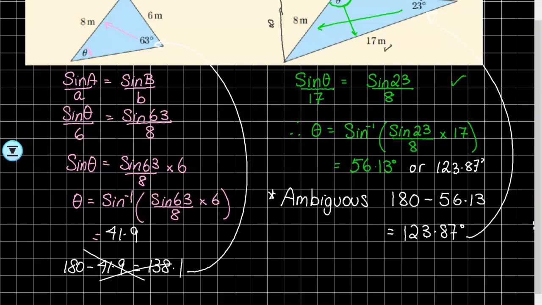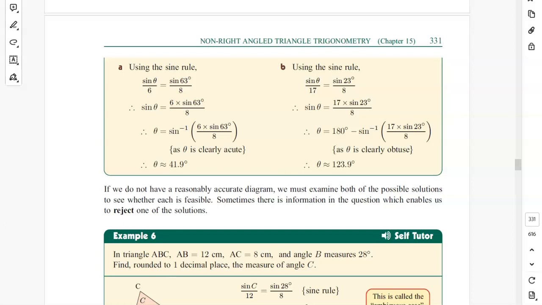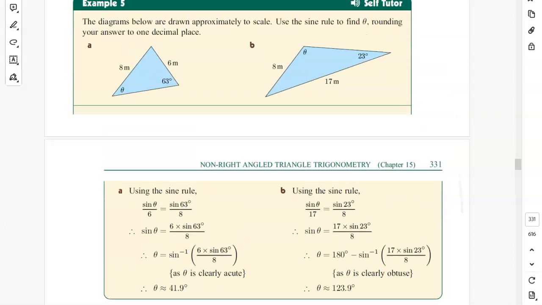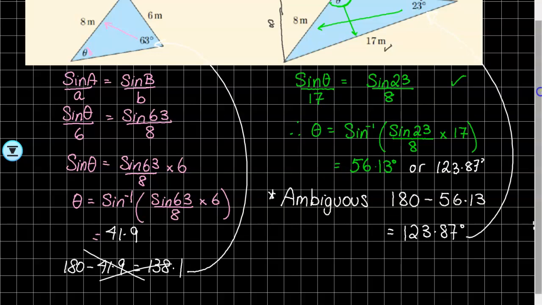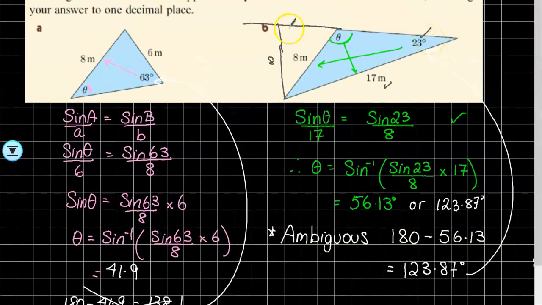In the example, they're saying, oh, because it's clearly obtuse. Do you remember acute angle is less than 90 degrees? Acute is less than 90 degrees. So if you look at this triangle out there, that one would be the acute angle. But one of the big things in maths is that you should never assume a diagram is drawn to scale.